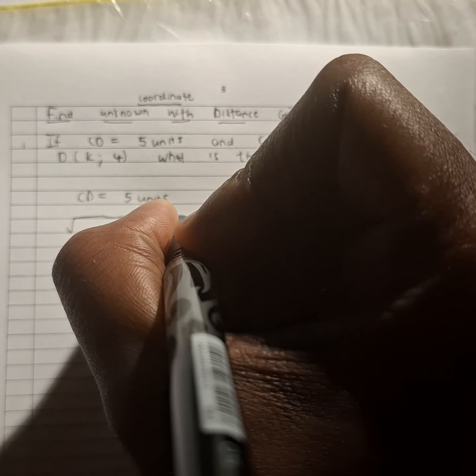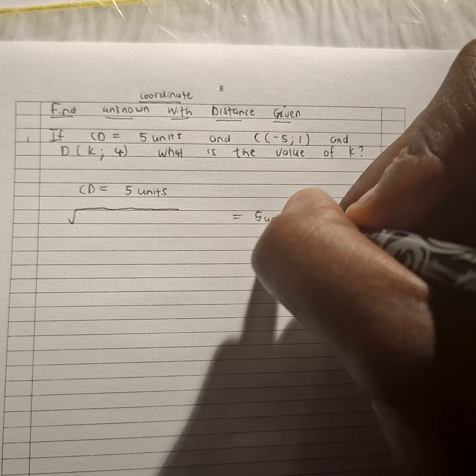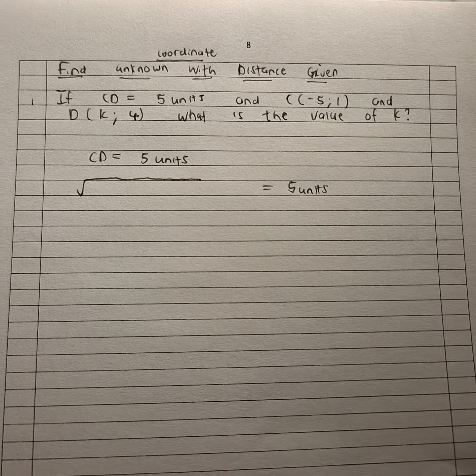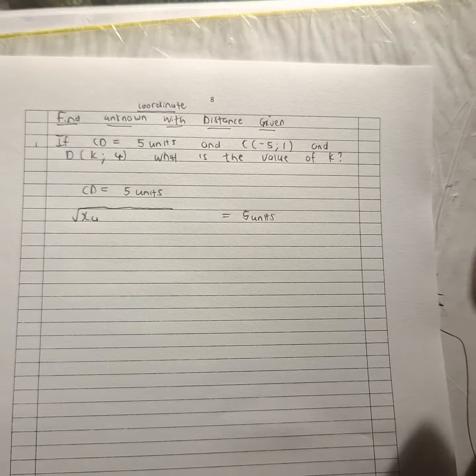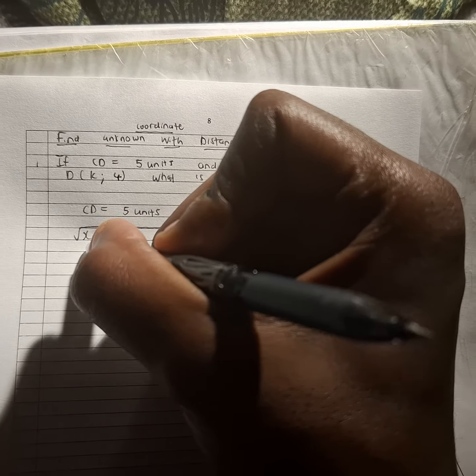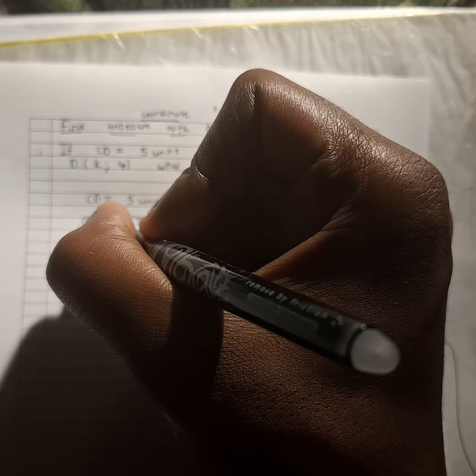So CD is equal to 5 units, and what we would then do is use the typical distance formula with 5 units safely nestled on the right side. So what's the distance formula? Now I'm just going to use xC minus xD, because remember, I said you could do that.